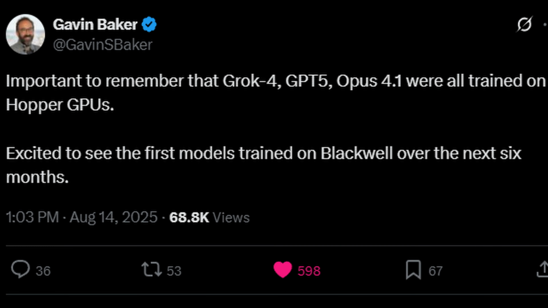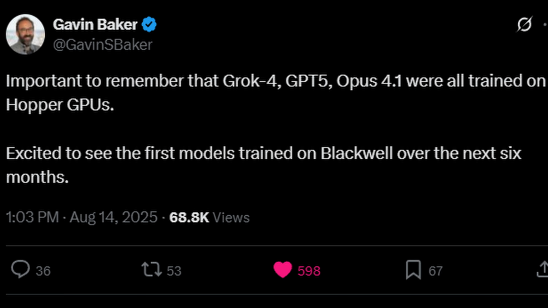Now, speaking of that, what we need to realize is GPT-5 is still an old model. I have a tweet here from Gavin Baker, let me find it real quick. I think I just lost it. Gavin Baker, if you're not familiar, is a tech CEO and venture capitalist. He knows a lot about AI.